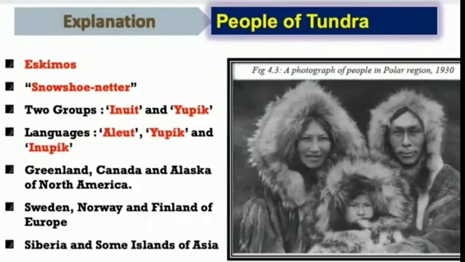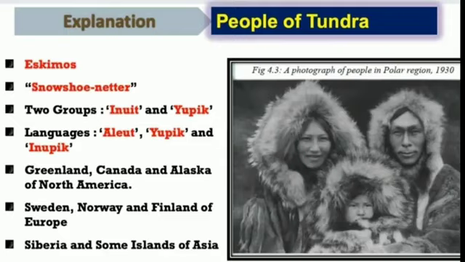Next topic, the people: Eskimos. The most commonly accepted meaning of Eskimo is snowshoe netter. The Arctic is a region of vast treeless plains, icy seas and barren rocky islands.